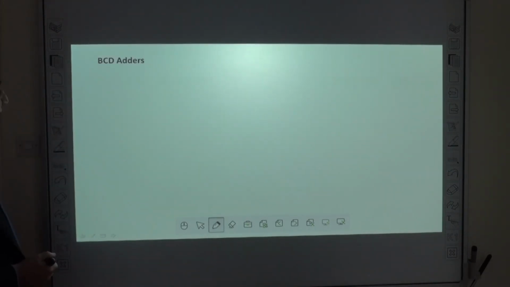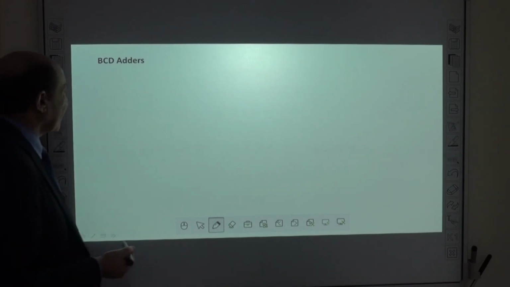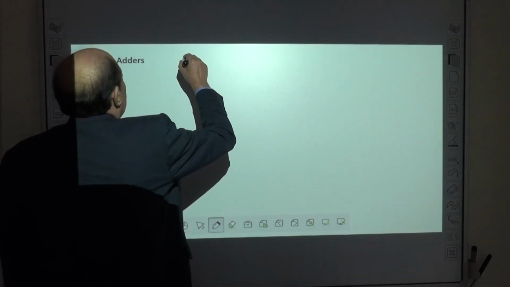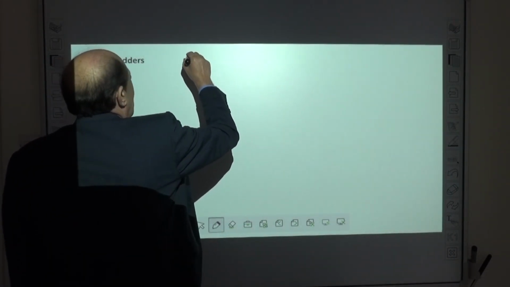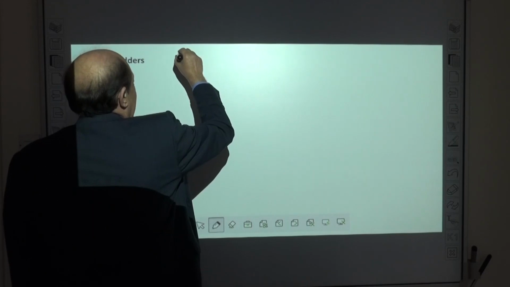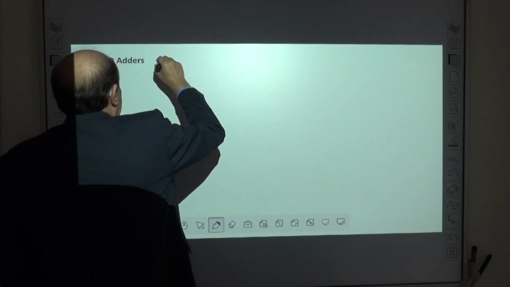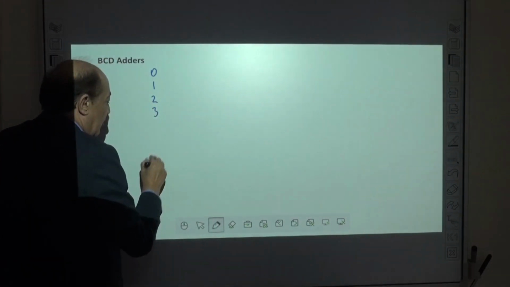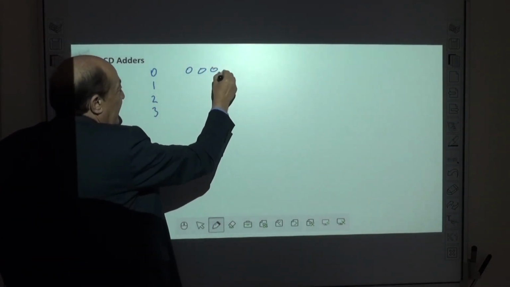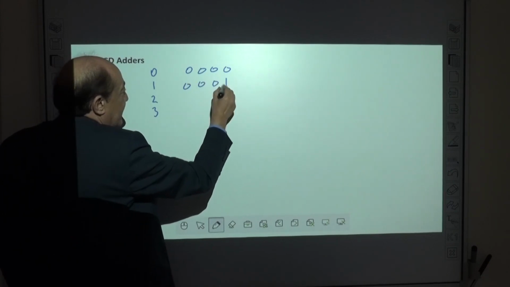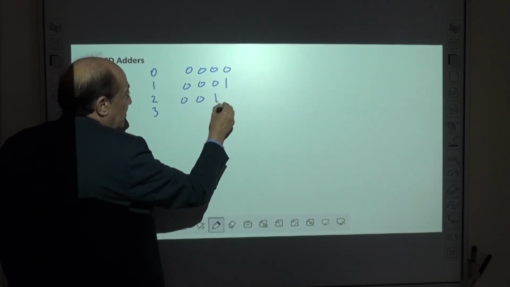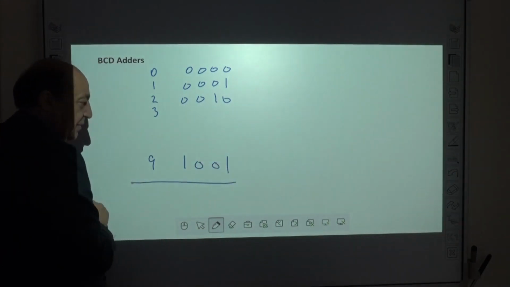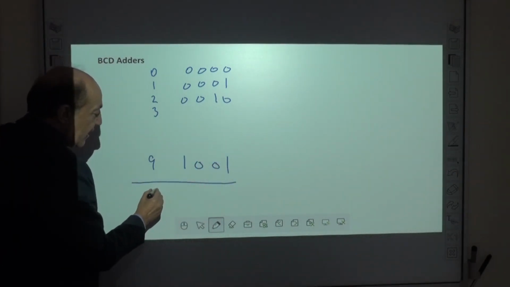Now BCD Adders. Suppose we want to add two decimal digits coded in BCD. You remember the decimal digits 0, 1, 2, 3 up to 9 coded in BCD. We need 4 bits. The remaining 6 are unused.